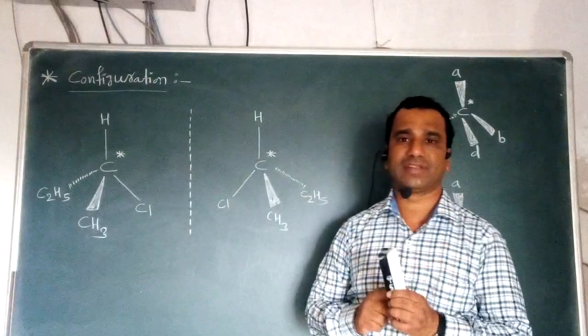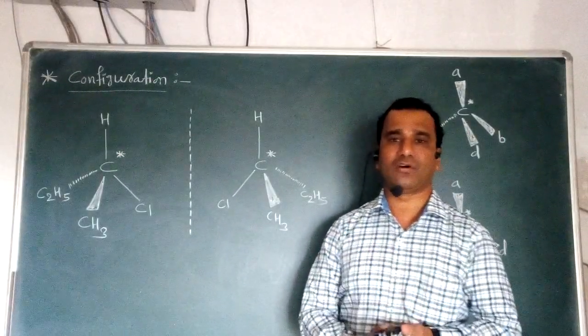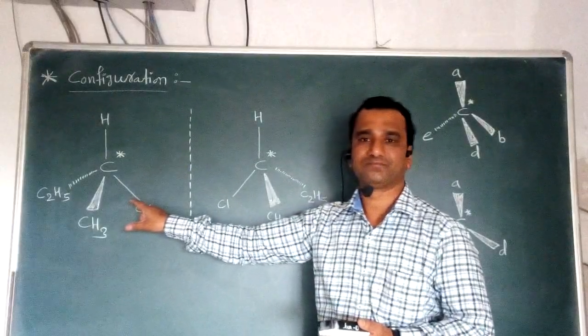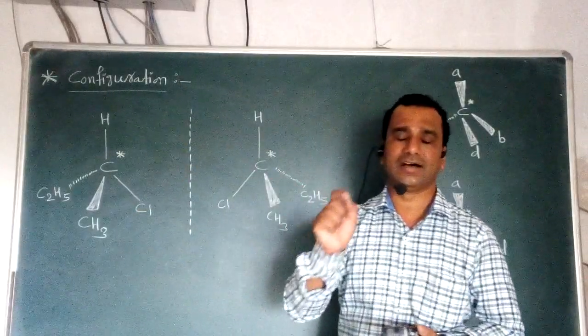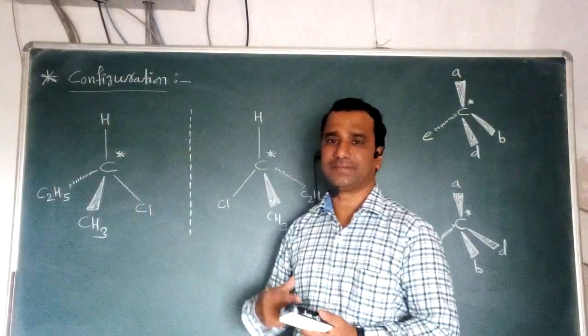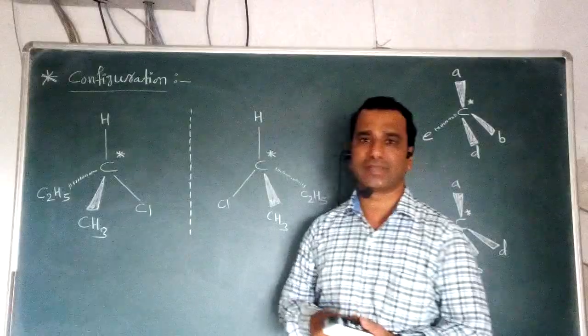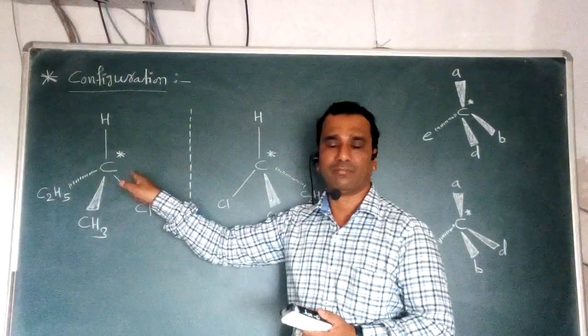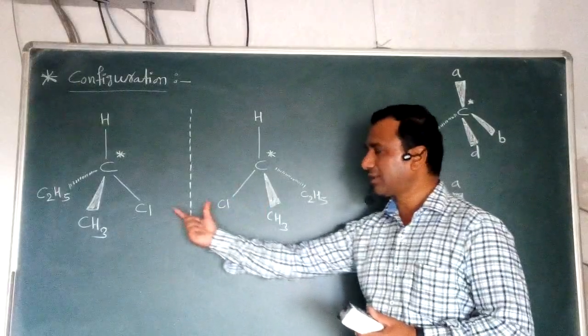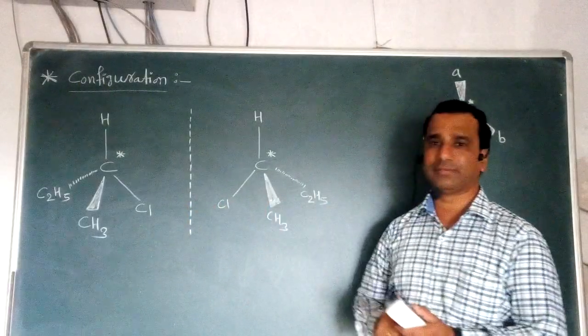So what is configuration? The spatial arrangement of atoms or groups around the chiral center which characterizes a given stereoisomer is called its configuration. This is one of the possible configurations for this particular molecule. Now, if I take the mirror image of this molecule, we get this type of mirror image.